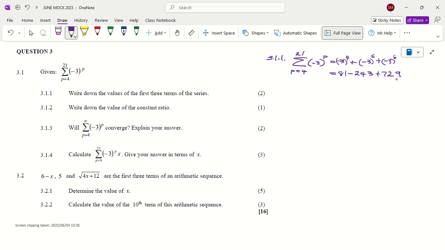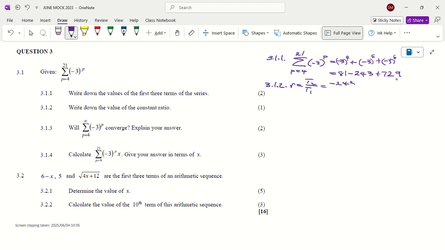And then for 3.1.2, they say write down the value of the constant ratio. We know that the ratio is equal to T2 over T1, which is equal to T3 over T2. It doesn't matter, right? Then now, T2 is what?